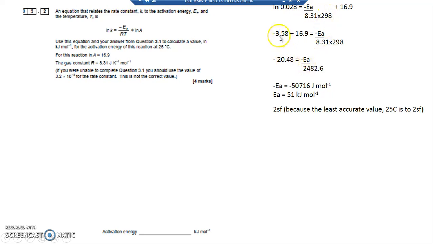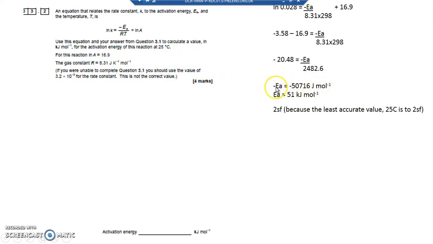The next thing I've done is calculate this, minus 3.58 take away 16.9 is minus 20.48. Minus activation energy still, and I've multiplied these two out to give me 2482.6. To get minus EA, I'm going to multiply these two together now, and it equals minus 50716. It's in joules per mole because my gas constant is in joules.